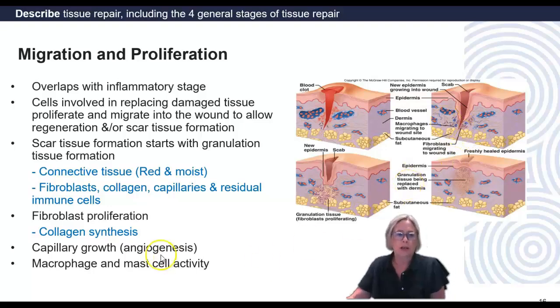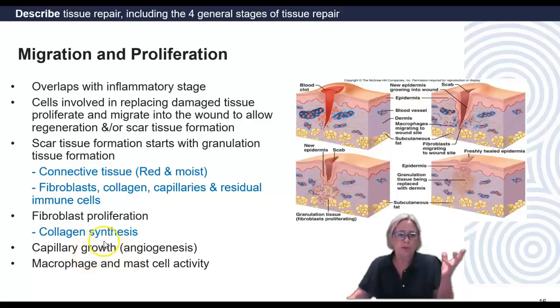We've also got capillary growth into the affected area due to the process of angiogenesis, and that's done to bring more blood flow to the area with oxygen in it and chemical mediators. So this gives this first connective tissue that's formed this red and moist appearance.